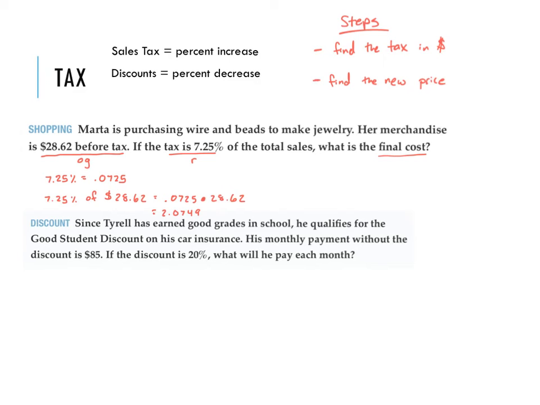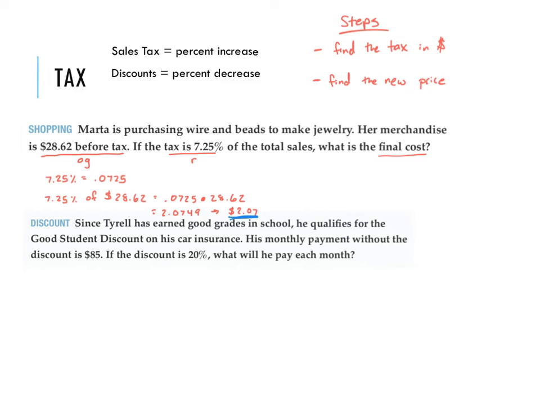This is a decimal, though. We need to find tax in dollars. So my tax in dollars is going to be $2.07. All right. Now that I have my tax in dollars, I need to find my new price. To find the new price, I look at my problem again and notice that I have a sales tax. Okay, so we're adding this tax onto the original price, which means, as I just said, we are adding.